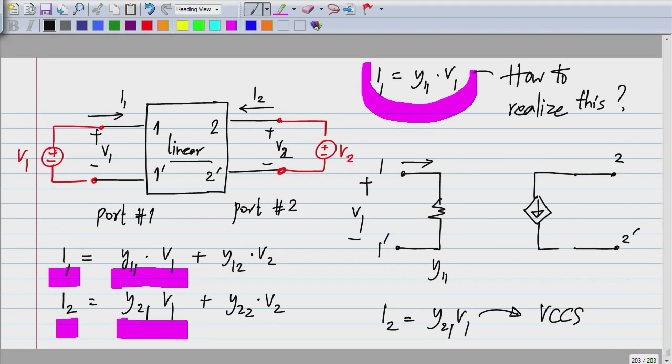It's controlled by V1, so I will write Y21 V1. It's a voltage controlled current source controlled by V1 and connected across 2 prime in this direction.